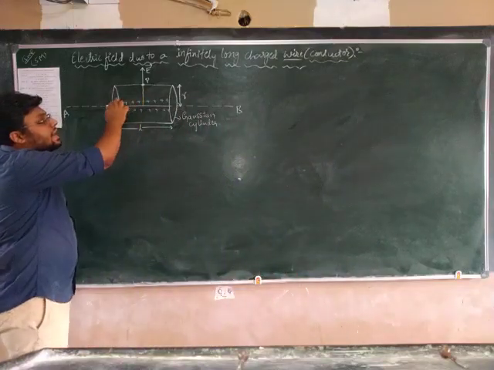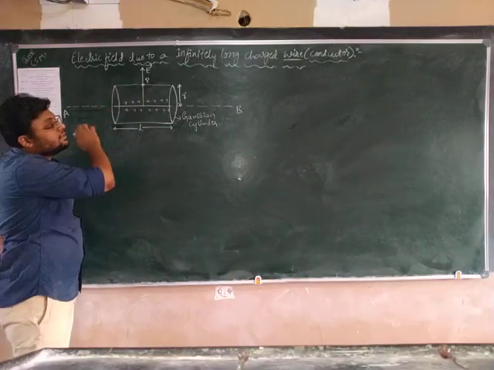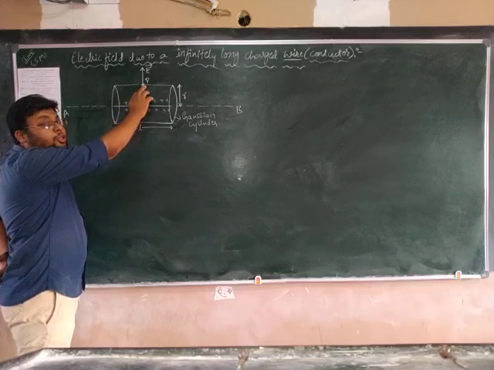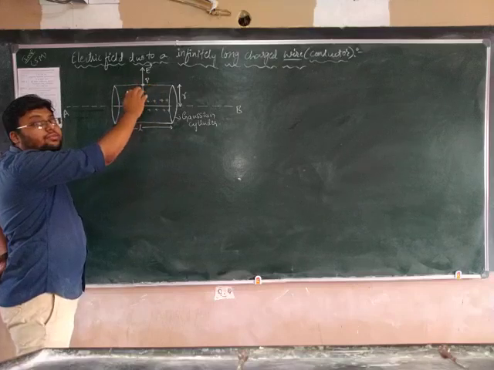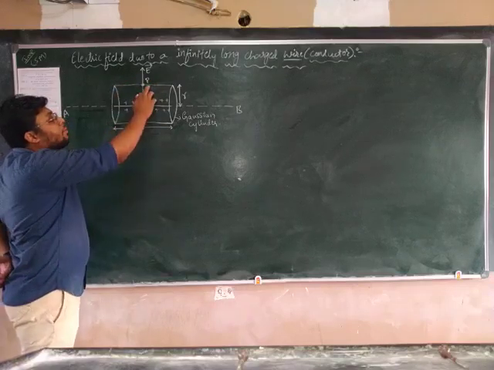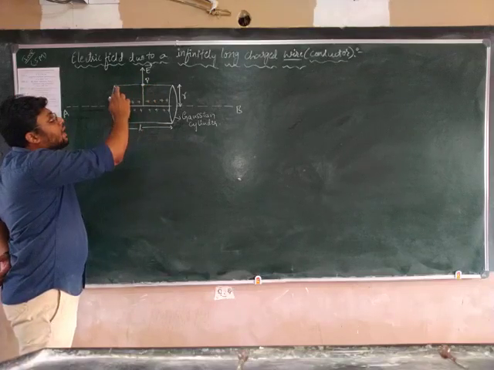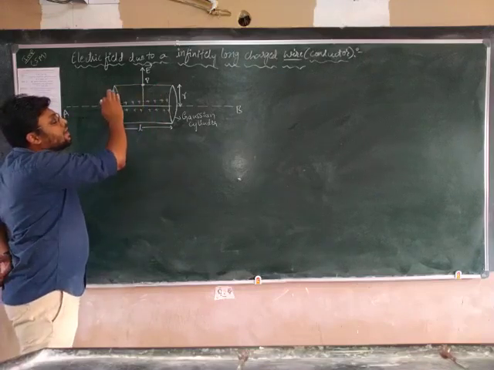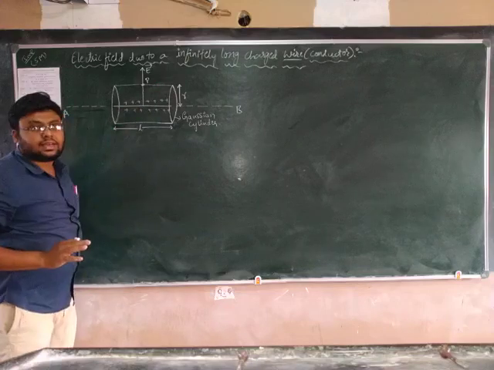We will consider the Gaussian cylinder in such a way that the point P should be lying on the curved surface of that cylinder. So we have imagined a Gaussian cylinder in such a way that point P lies on the surface of the cylinder.